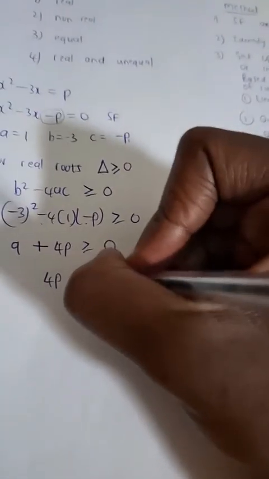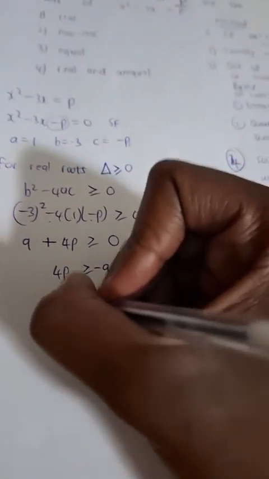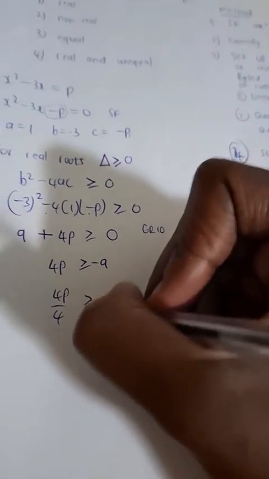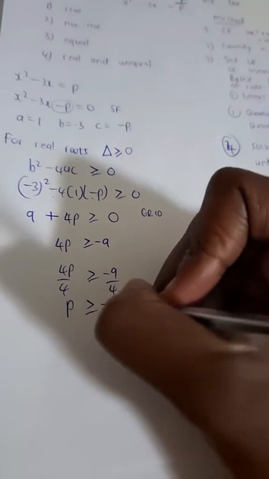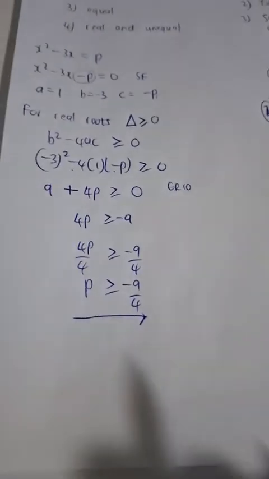All we do is transpose the 9, we get negative 9 on the other side, then we divide both sides by the coefficient of p, which is 4. We get p is greater than or equal to negative 9 over 4. That is it. We are done.